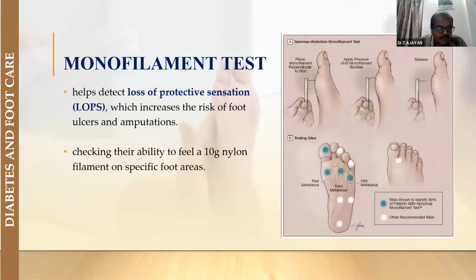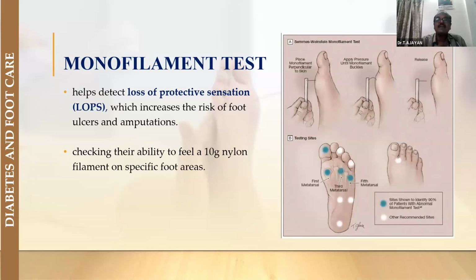Then the next one is the monofilament test. It is a bedside test that helps detect the loss of protective sensation, which increases the risk of foot ulcers and amputation. They check the ability to feel. A 10 gram nylon filament is used for the test.